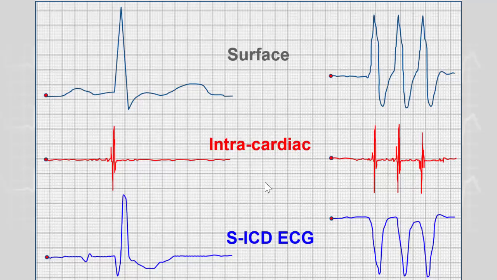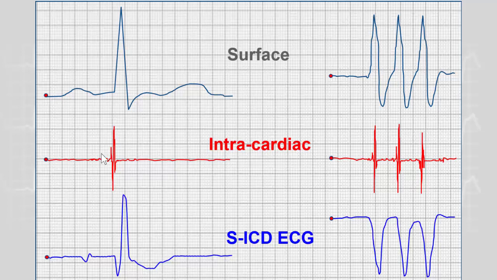When you look at this slide, you can see that far-field subcutaneous EGMs recorded with an S-ICD differ consistently from near-field intracardiac EGMs recorded with an implantable defibrillator.